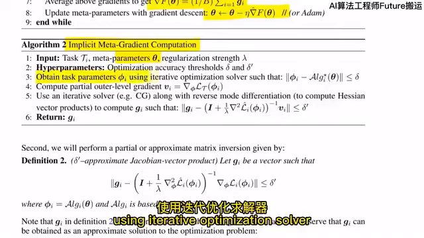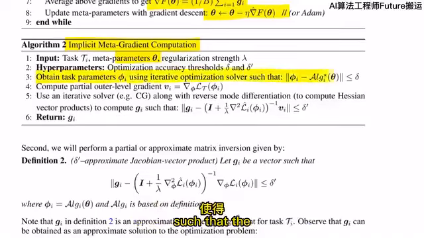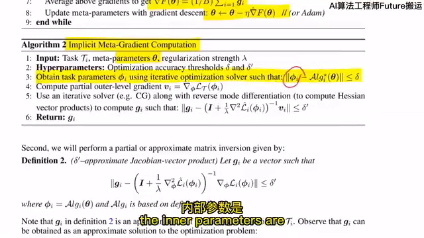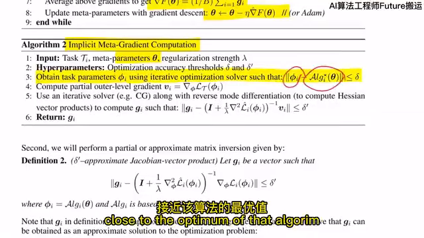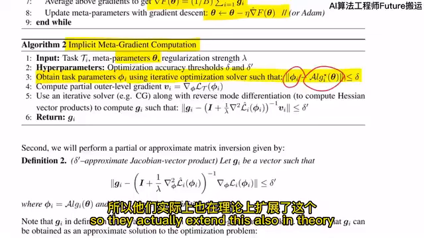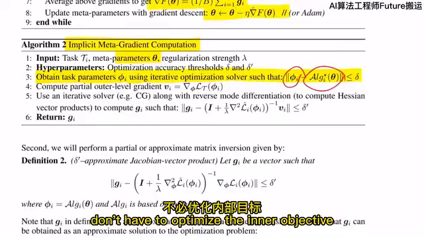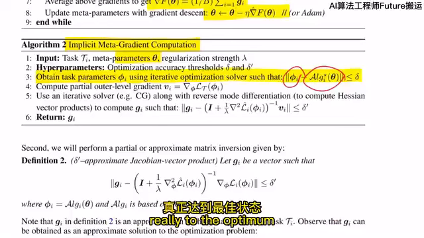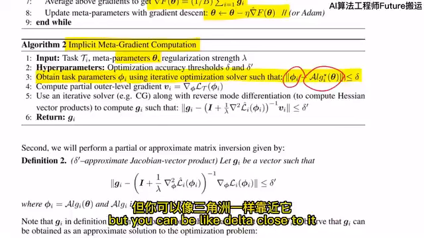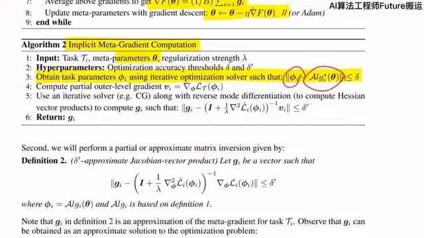Obtain task parameters using an iterative optimization solver such that the inner parameters are close to the optimum of that algorithm. So they actually extend this also in theory, so that you don't have to optimize the inner objective really to the optimum, but you can be a delta close to it.